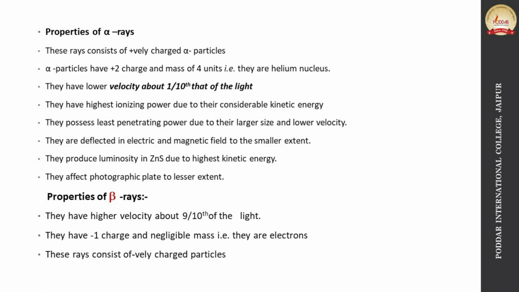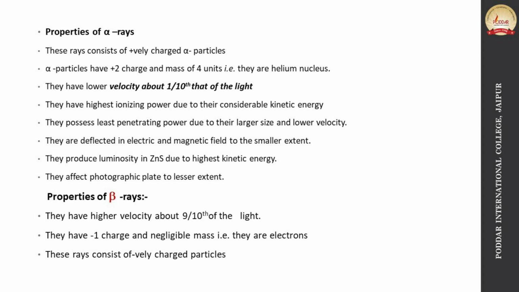They possess the least penetrating power due to large size and low velocity, and they are deflected in electric and magnetic fields to a smaller extent. They produce luminosity in zinc sulfide due to highest kinetic energy. They affect the photographic plate to a lesser extent.